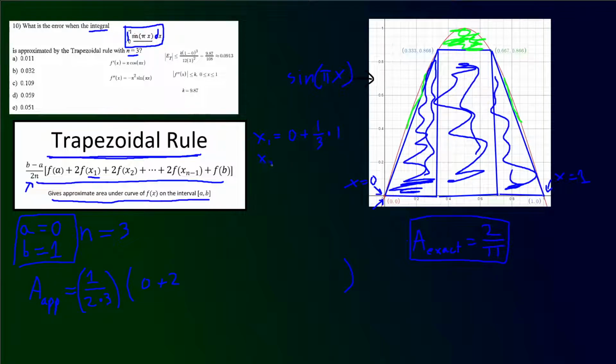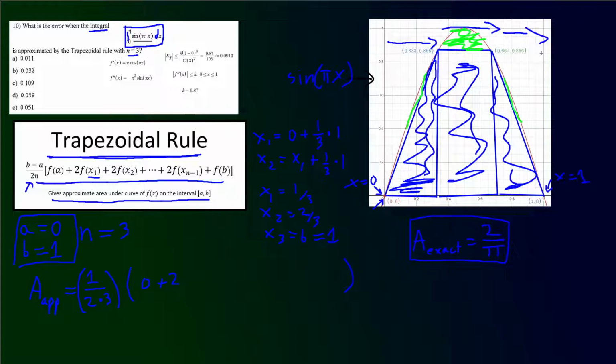And then x2 is x1 plus that same thing, 1/3 times 1. So really what this means is x1 is 1/3, and x2 is 2/3. And then x3 is the same thing as b, which is 1, because that's 3/3, right? So basically we're taking a 1/3 step, a 1/3 step, and a 1/3 step.